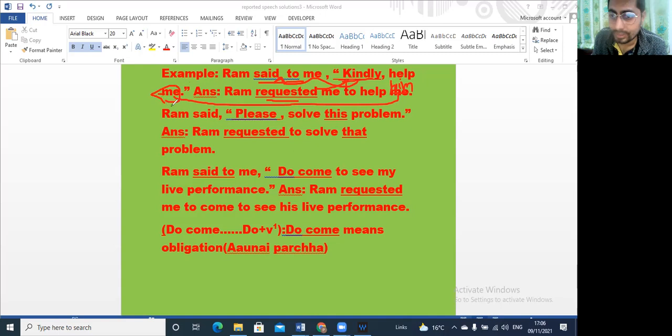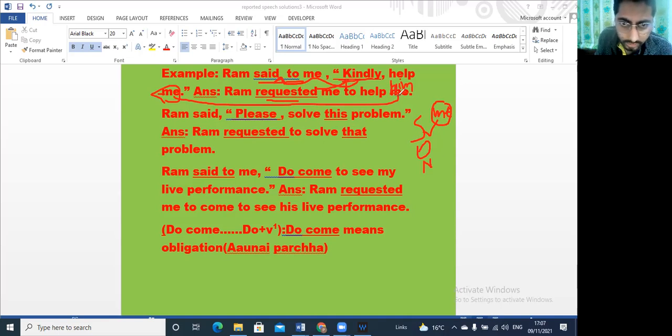Now change a person. Me is the objective form of I. I is first person. First person changes according to subject. Second person changes according to object. Third person, no change. First person subject, I. What is the objective form of I? Me. So if we want to check out the change of person, then run outside of the jail of inverted comma. Okay, let's run out. So me, so first person.